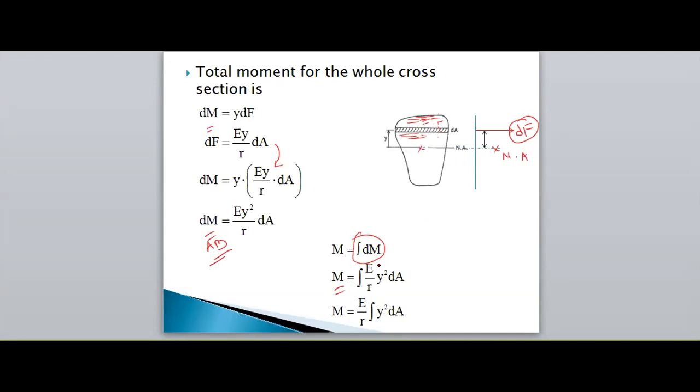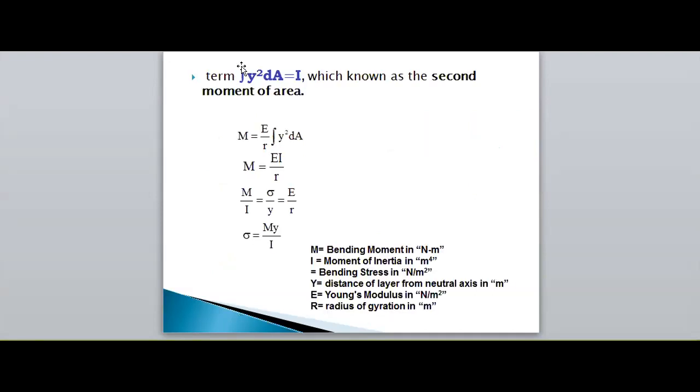The total moment about the neutral axis is nothing but integrating E by R y square dA. So E and R are constant, taking them outside, therefore E by R integral y square dA. So we know that integral y square dA is nothing but Ixx.